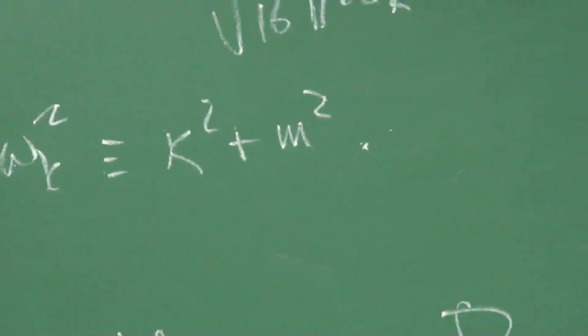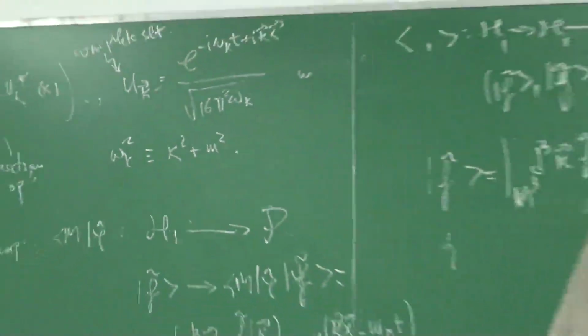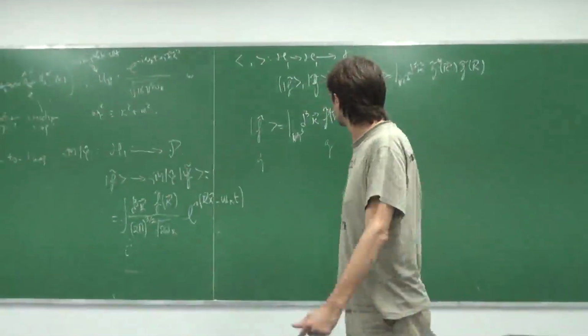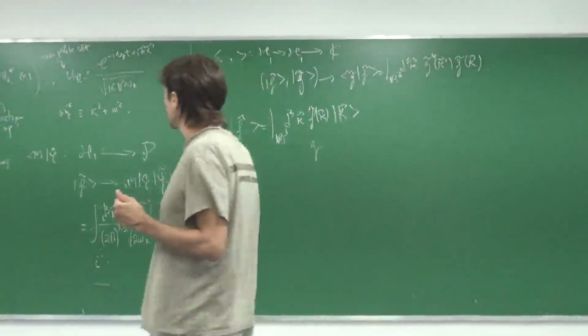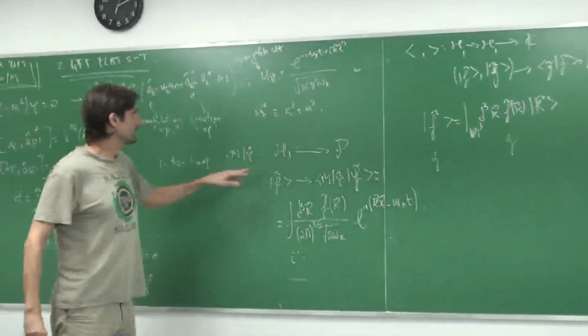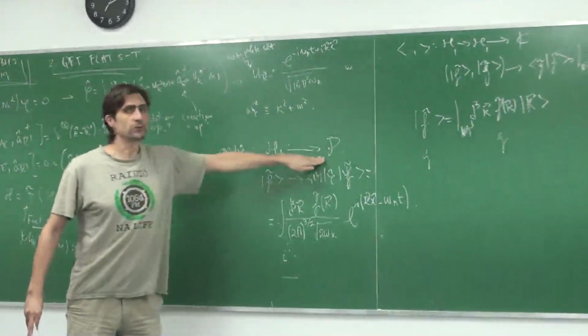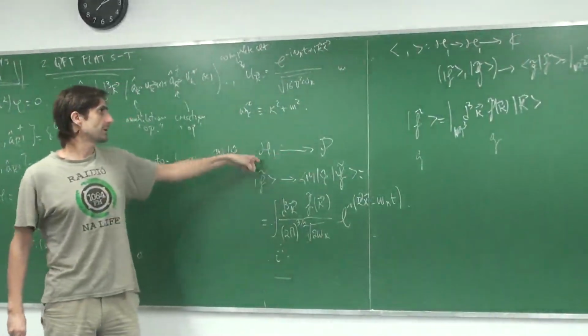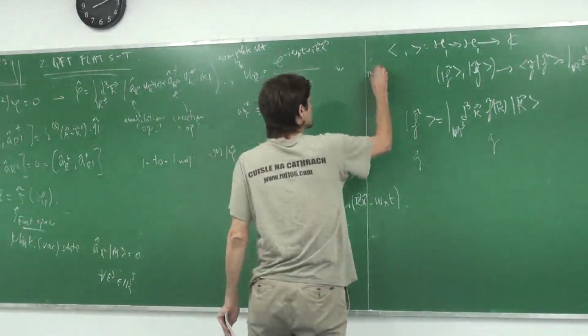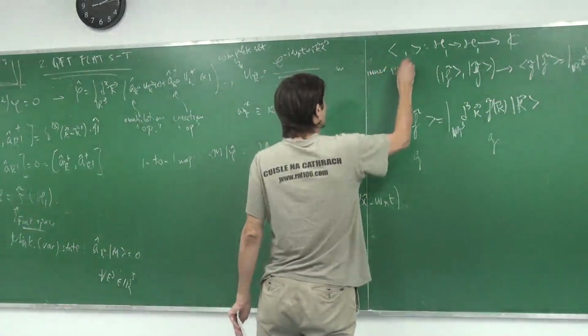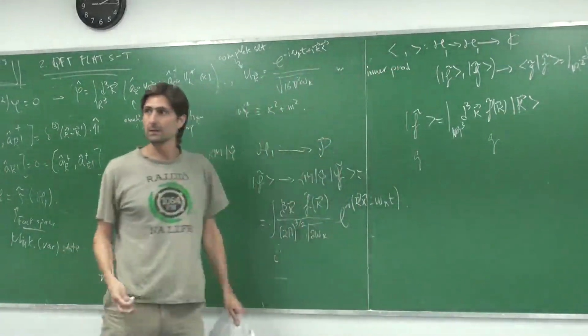So this is just a recap of what we've done so far. Okay, so just the same way, we've got the one-to-one mapping between H1 and P. We've got an inner product. This is your inner product in the Hilbert space H1.